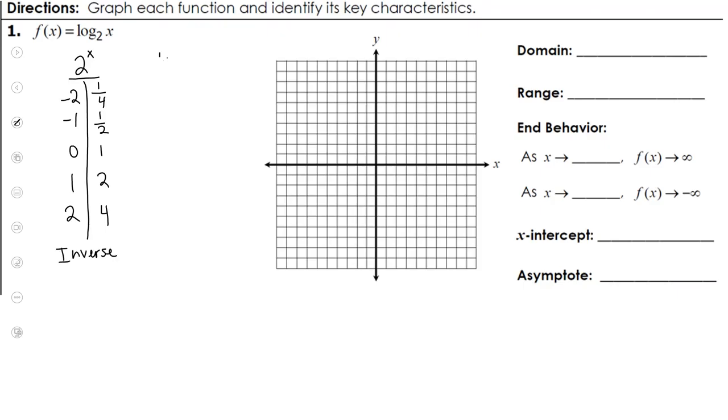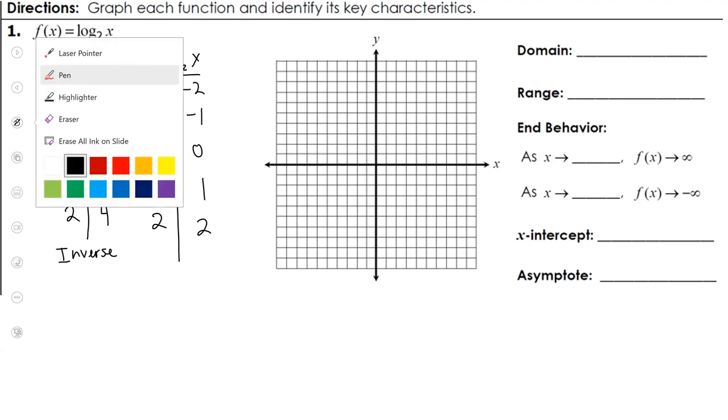Now, that means for log of base 2, we would swap x and y. So this would be negative 2, negative 1, 0, 1, and 2. This would be 0.25, 0.50, 1, 2. I'm sorry, I didn't write that right.